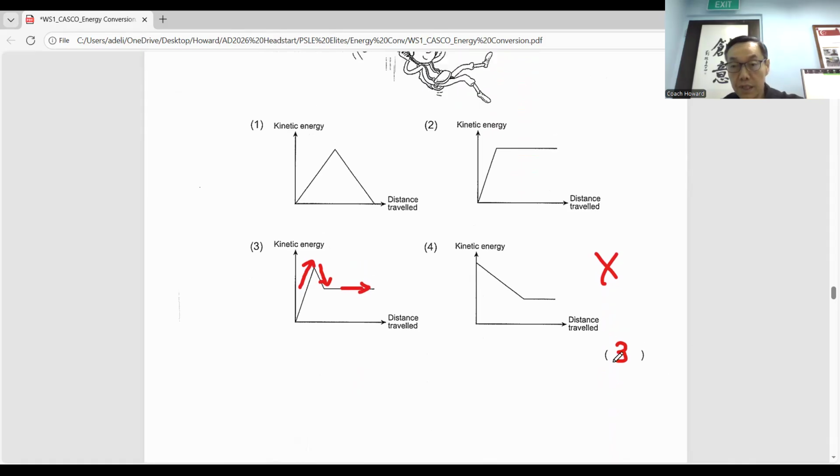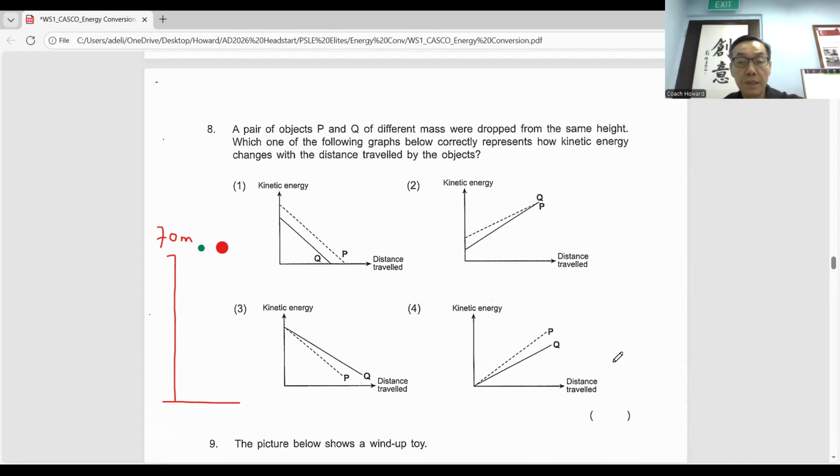Okay, let's continue to the next question. Some students also make this mistake. Question 8. It's good to draw or annotate by the side because they say P and Q are of different masses. So I annotate these two balls. The orange one is bigger, heavier, and they drop from the same height, 70 meters from the ground.